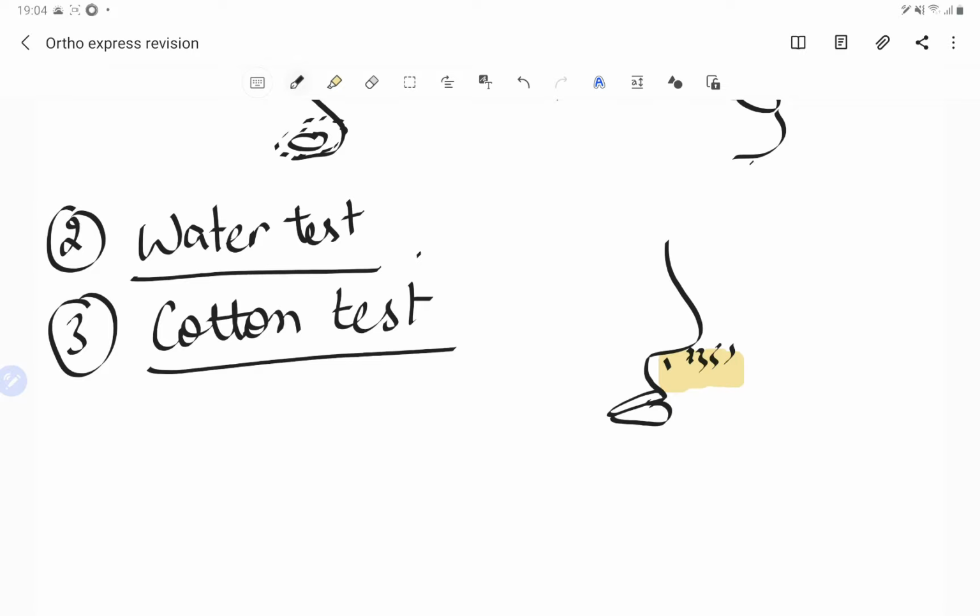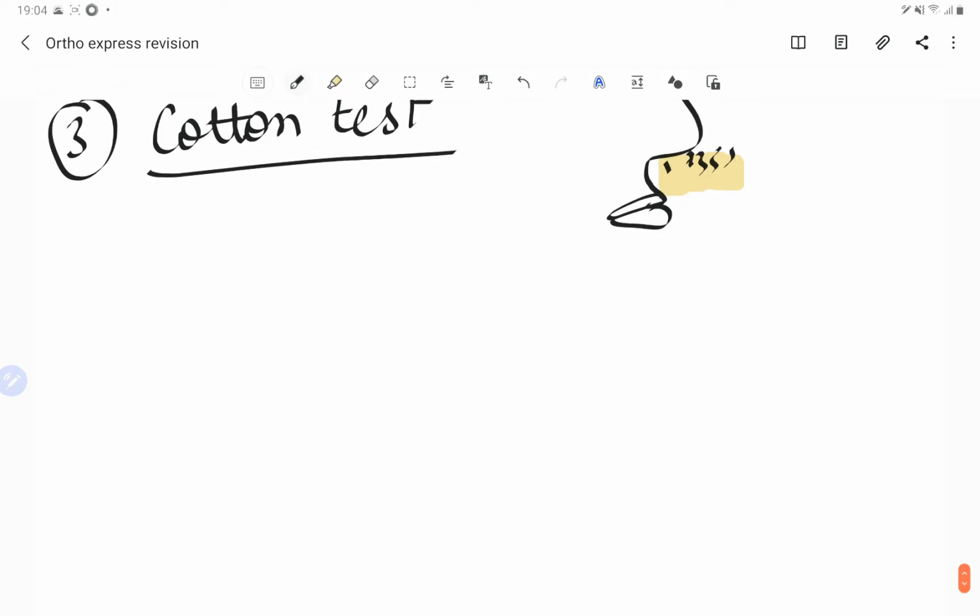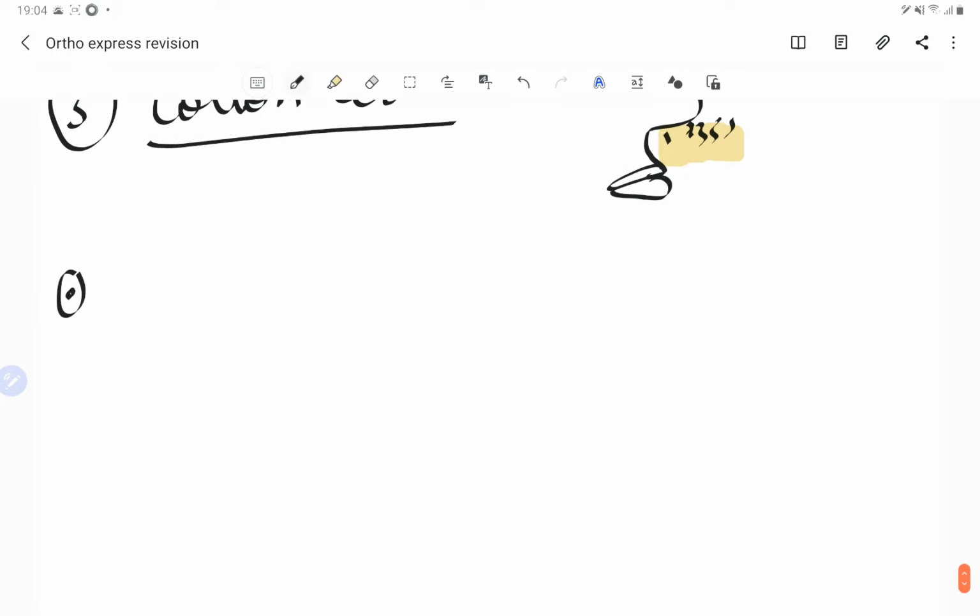This test can also be used to determine if a person has a nasal blockage on one side. We can see a unilateral nasal blockage, because on the side where there is a blockage, there will not be fluttering of the cotton piece. So this is the test to evaluate the breathing habit. Then we have the swallowing habit.